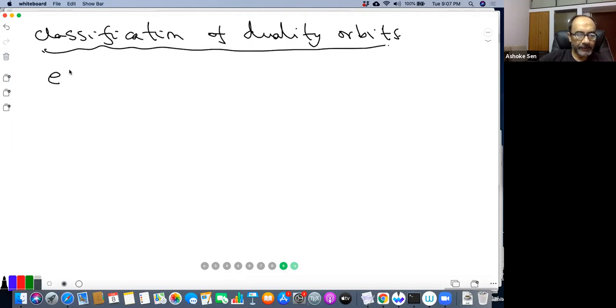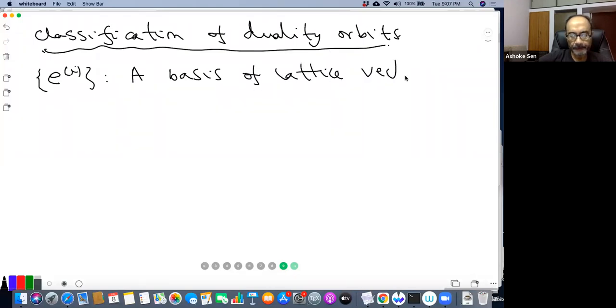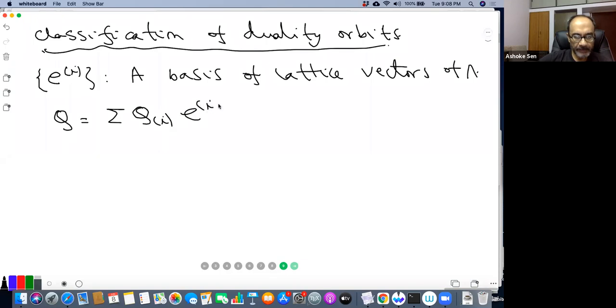We first introduce a basis, e_i, of lattice vectors of lambda. Then since Q and P both belong to the same lattice, we can decompose Q as some linear combination of these, and P as the sum over i of p_i e_i. Okay, so these are integers.